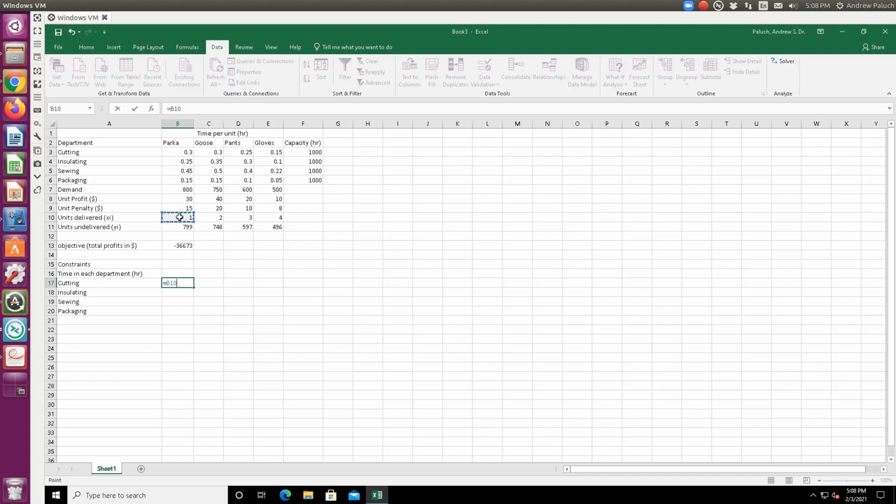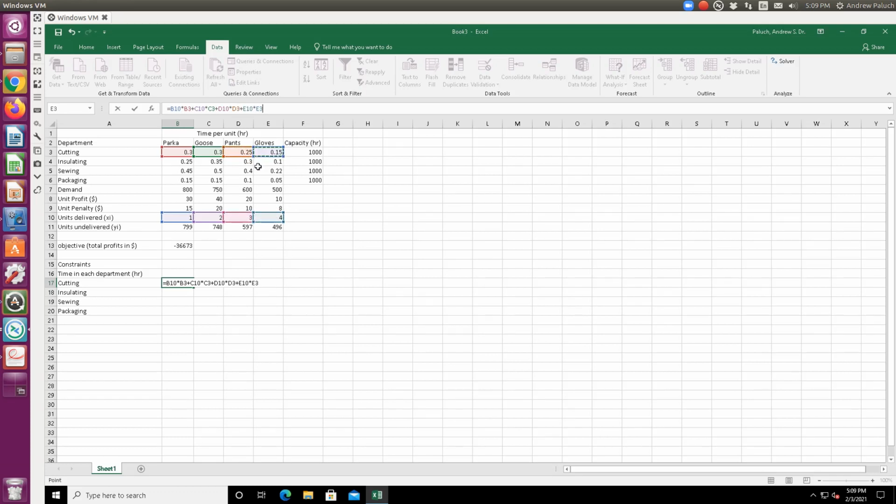So it'd be the number of units delivered times, right now I'm in the cutting department, the rate, so this is hours per unit made in cutting, plus number of units of product 2 delivered times the production rate in our cutting department. We'll do the same thing for product 3 and same thing for product 4.